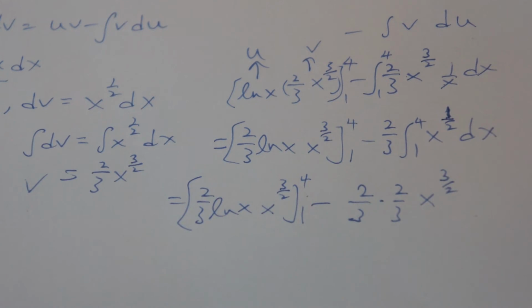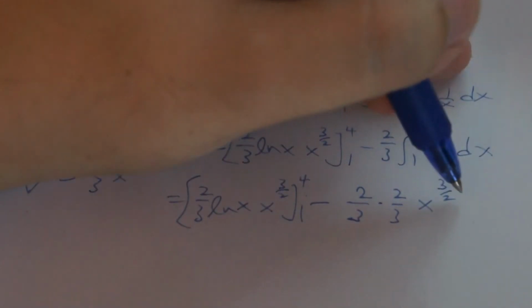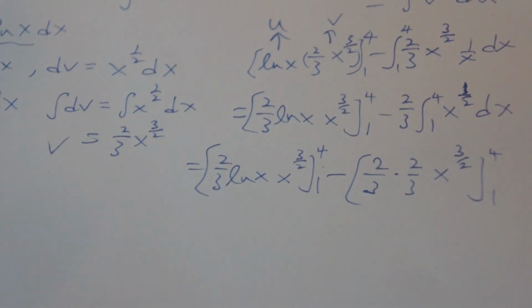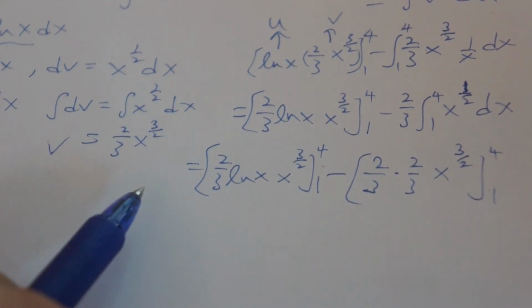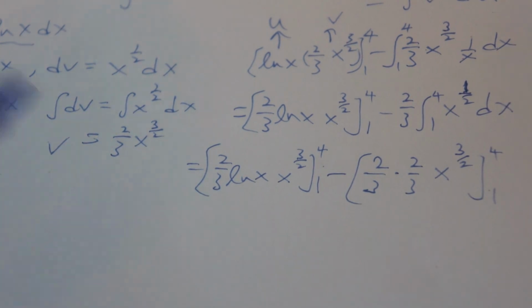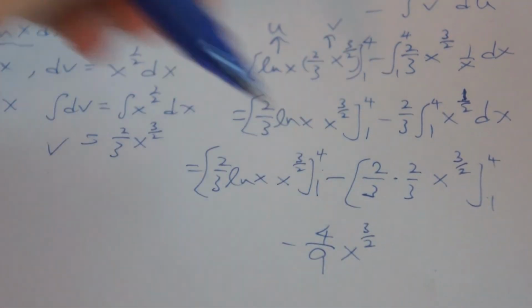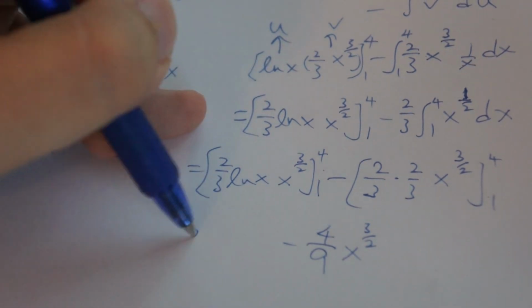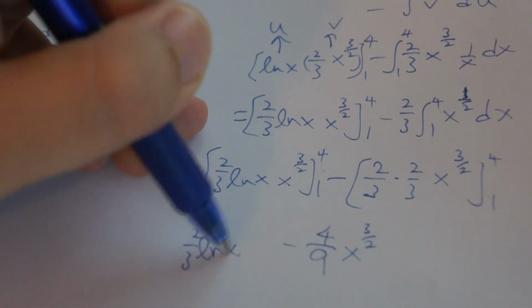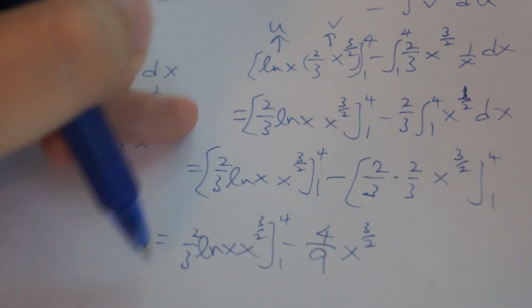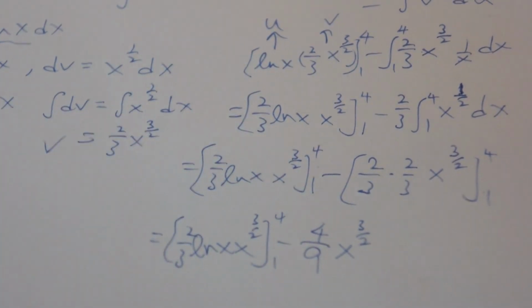And the final answer is the following, so you need to put back 4 and 1. Rearrange the result. First we have 4 over 9 x to the 3 over 2, and then we have 2 over 3 ln x times x to the power of 3 over 2, from 1 to 4.